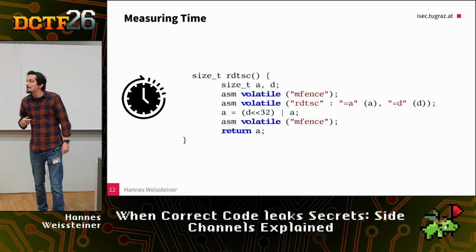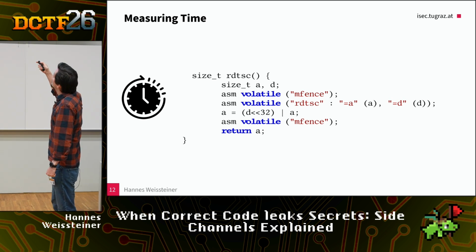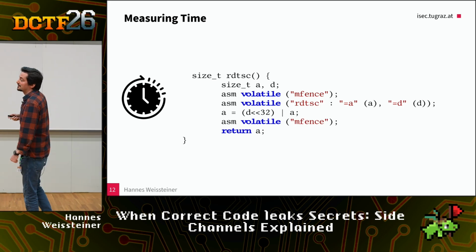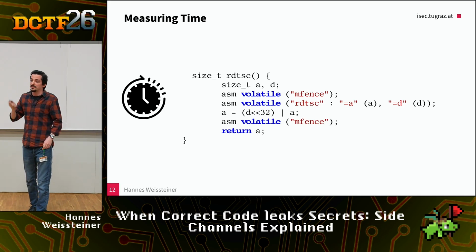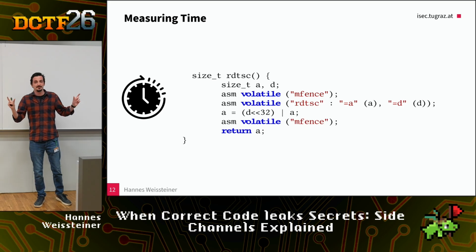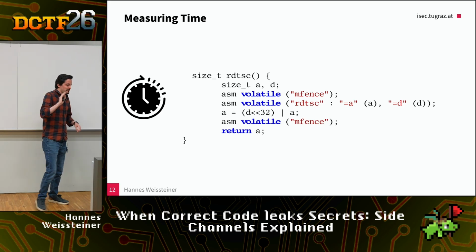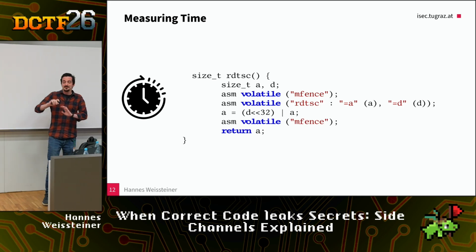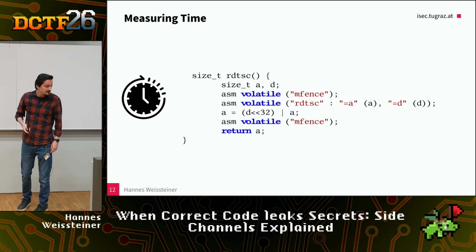That would be bad, because then we would measure nothing. So we have the fences here. RDTSC reads the timestamp counter in these two registers, RAX and RDX, and the OR operation and the shifts just assemble the timestamp counter from two 32-bit values into one 64-bit value. You don't need to follow this, just know that this gives us very accurate timestamps as a function.